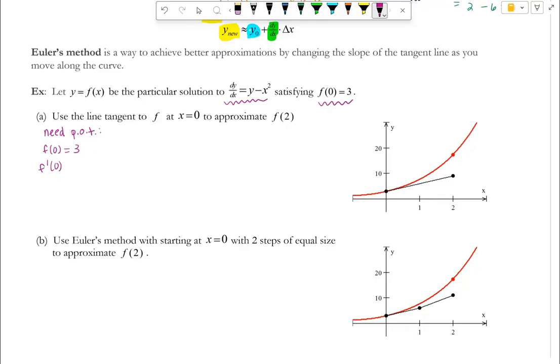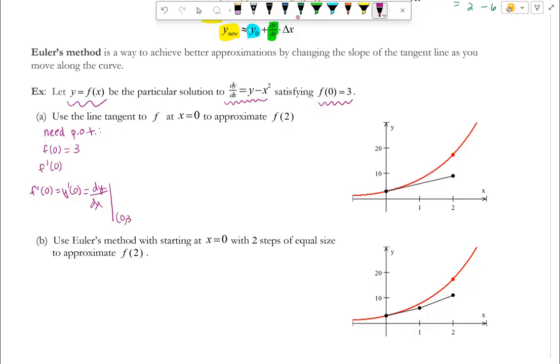So if I'm finding f prime of 0 and y equals f, well, that's the same as finding y prime of 0. So like f prime of 0 is y prime of 0. And with just different notation, that's dy dx when x equals 0. And since dy dx is a function of both y and x, I'm going to have to plug in my whole ordered pair.